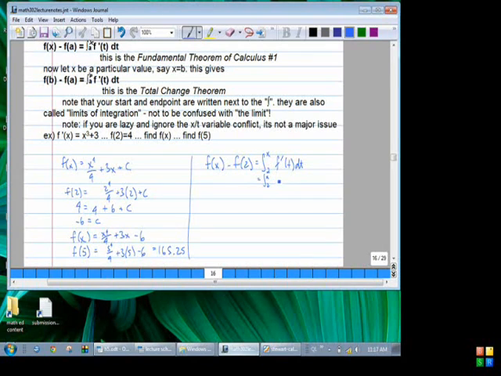And f prime is t cubed plus 3 dt. Okay. So all I've done so far is I've just written down the fundamental theorem of calculus using the numbers that I've been given. I haven't solved anything yet.